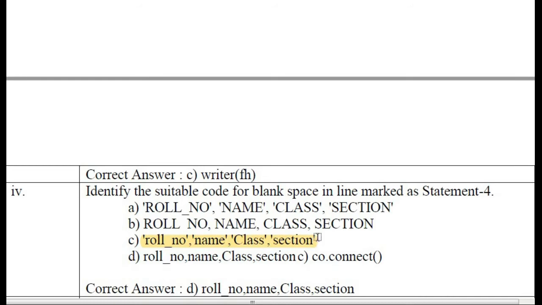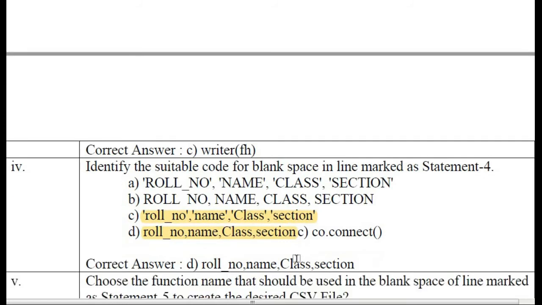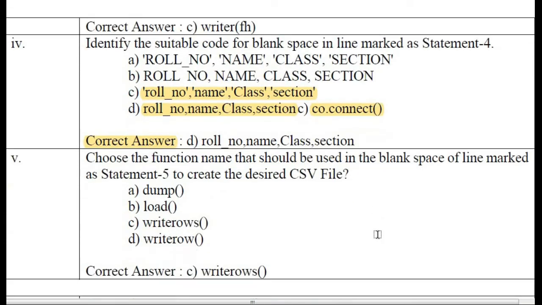Okay. We are going to create a list using the values of those variables or identifiers. Isn't it? So no need of giving quotes. See the next option. rollno, name, class, section without quotes. So what is the answer? Option D. Okay. There may be some mistake in the options. We'll leave it. Then go for the next question.